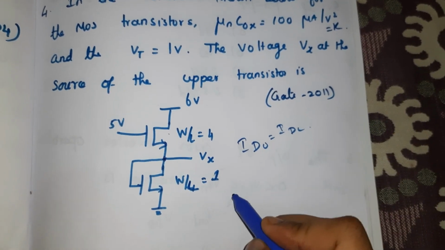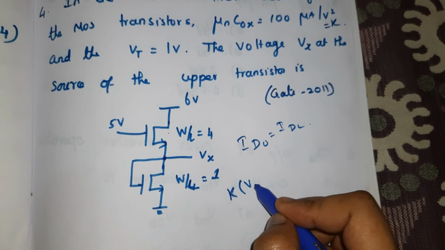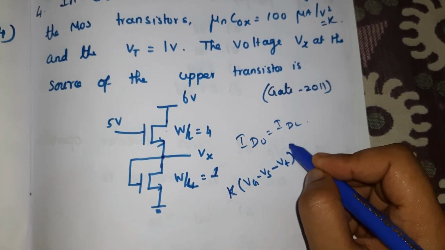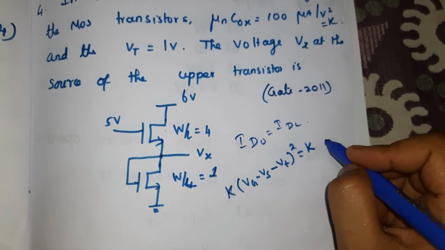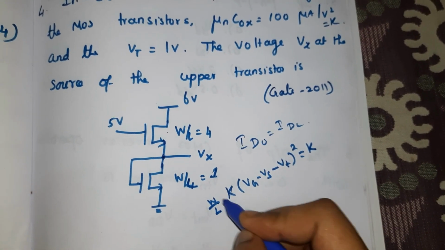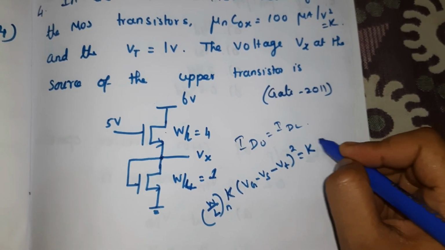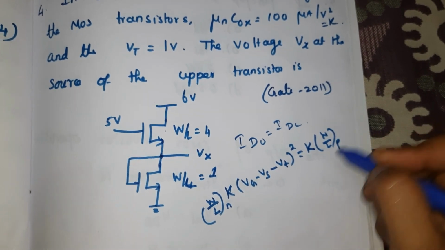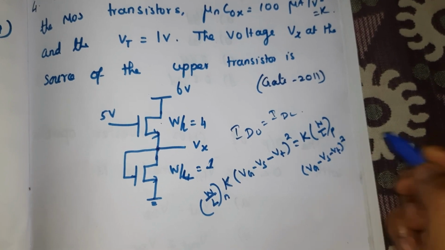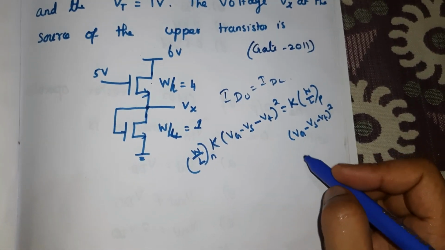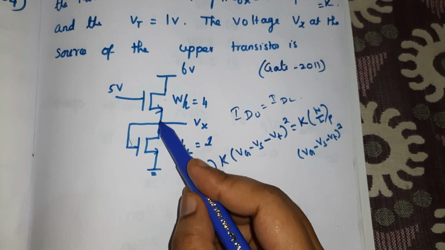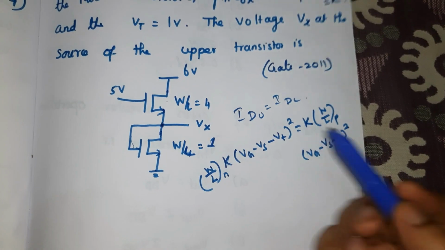So we know the formula, K into Vg minus Vs minus Vt the whole square, is equal to K into W by L, here this is for N and this is W by L for P. Similarly Vg minus Vs minus Vt the whole square, and here Vg is equal to Vd because this gate and drain are connected together, so in the P terminal Vg is equal to Vd.